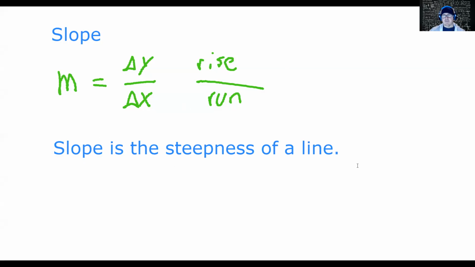Slope is the steepness of a line. Now, sometimes you'll have positive slope. So let's just discuss these two things real quick. A positive slope, we're going up as you go left to right.